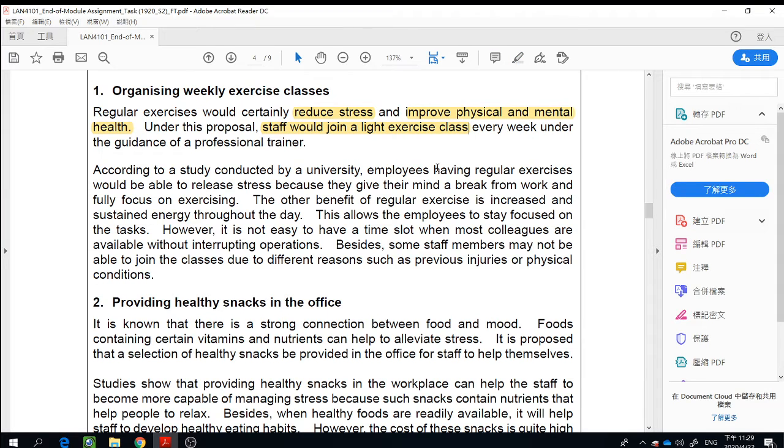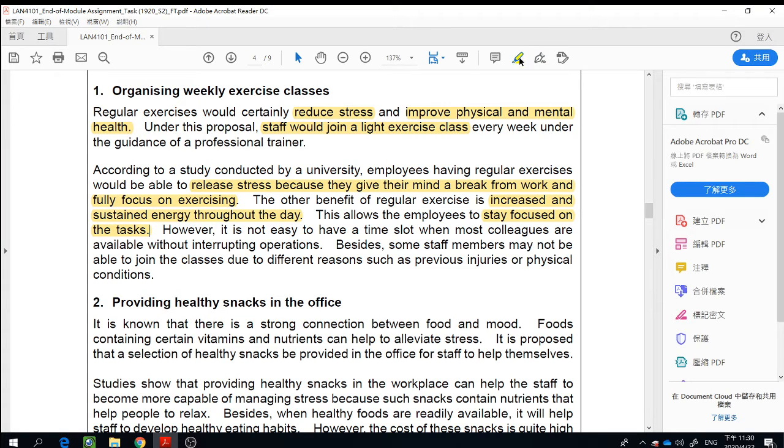So what are the benefits? It can release stress because they give their mind a break from work and fully focus on exercising, right? The other benefit, increase and sustain energy throughout the day. All right, they can stay focused on the task. These are the benefits of having weekly exercise classes.